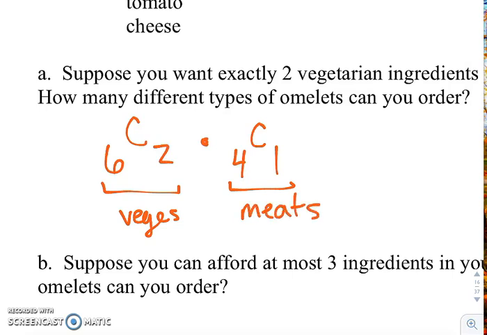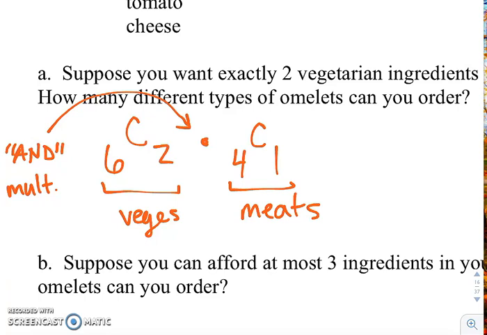So if you're doing more than 1 thing, you're doing vegetables and meat ingredients, that's when you guys are going to multiply. Because you're doing more than 1 thing or choosing more than 1 thing. So and is when you multiply.